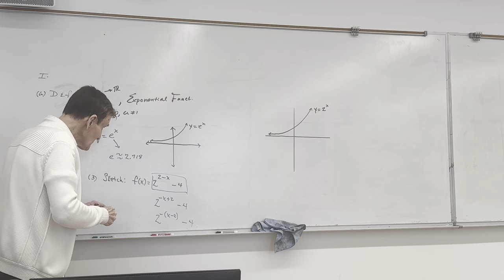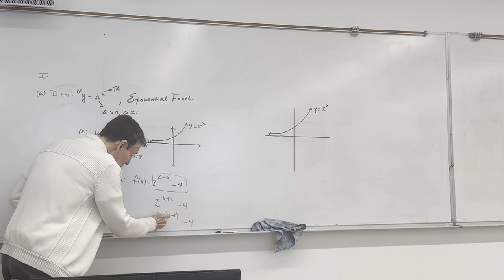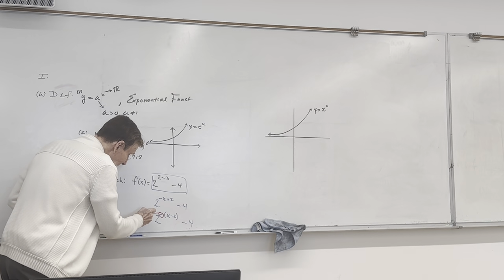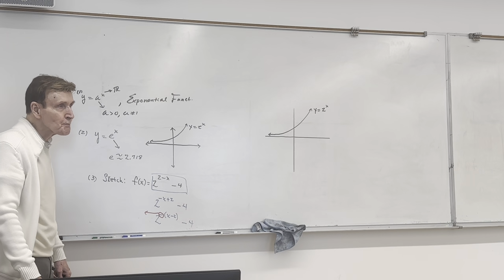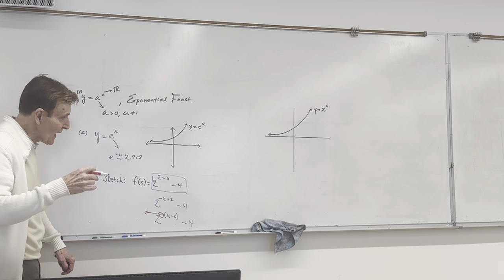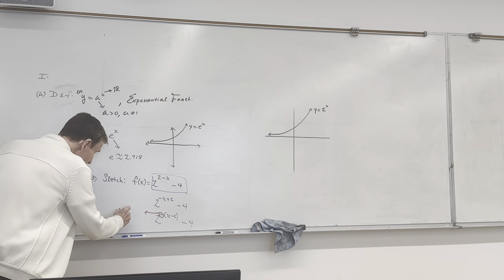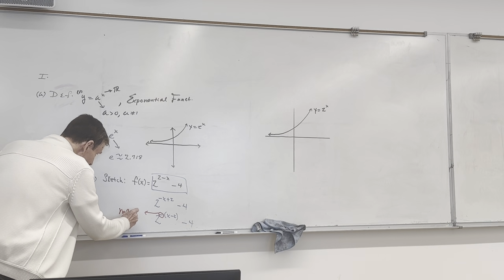Guys, the transformations, let's see if that red will work for me. This might tell me what is happening as a transformation. Reflection about the y. A reflection through the y-axis. If it were the x-axis, the negative sign would be out front. So this is a reflection through the y-axis.